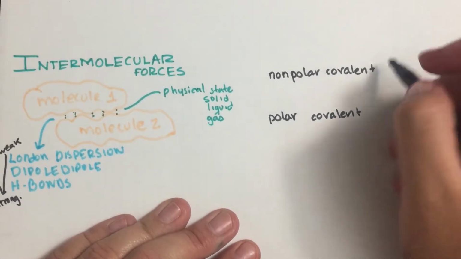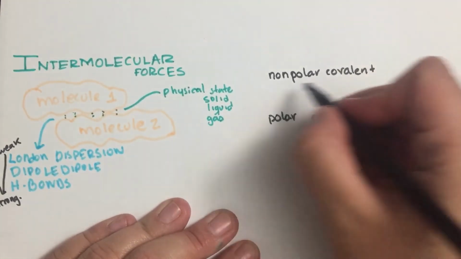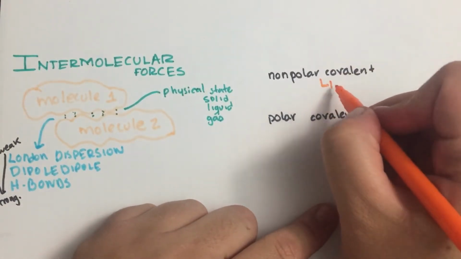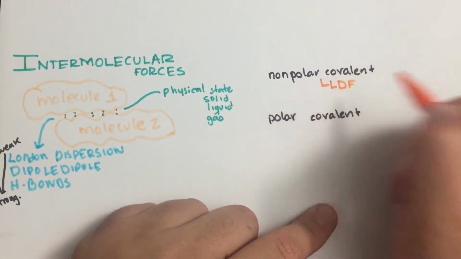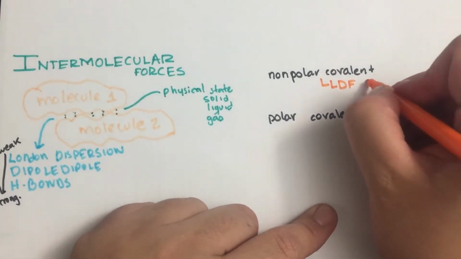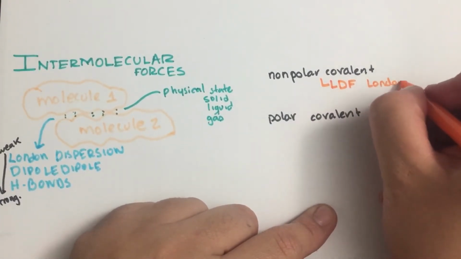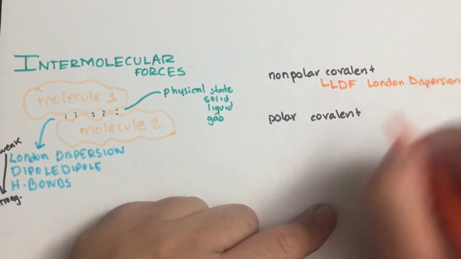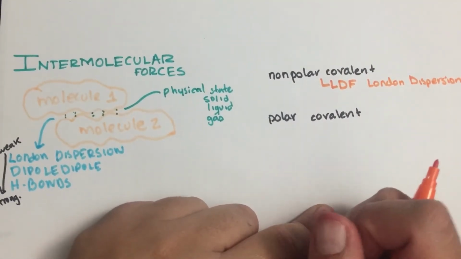Non-polar covalent bonds, if you find this type of bond inside your molecule, what you will have as an intermolecular force acting with the other molecules are London dispersion forces, okay? So they are London dispersion. They are the weakest possible.